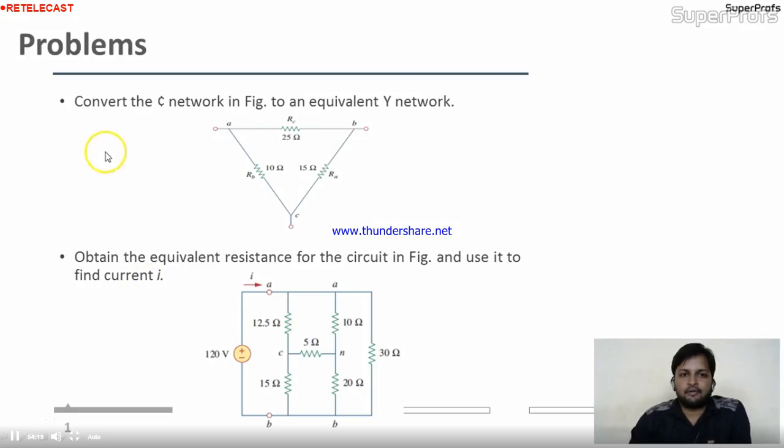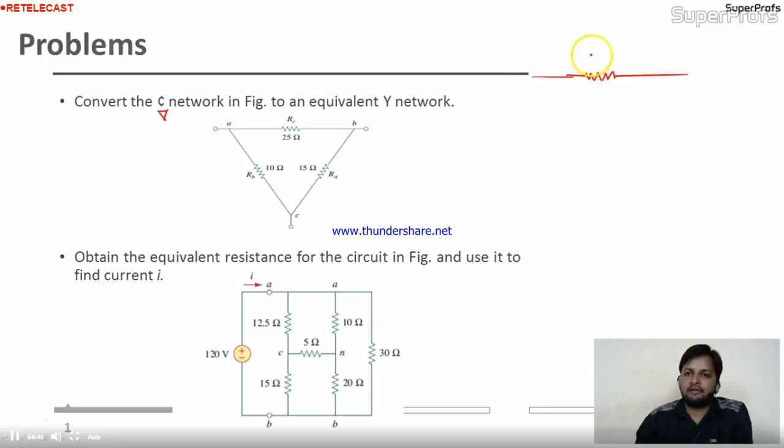Here we are having some problems based on delta to star, star to delta conversion. Convert this delta network in the figure to equivalent Y network. Here they have given the delta and they are asking to convert into star.